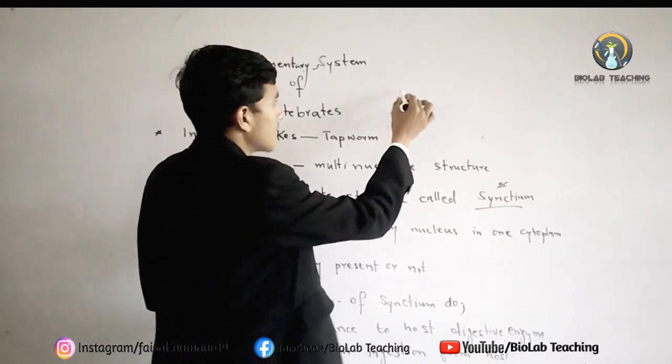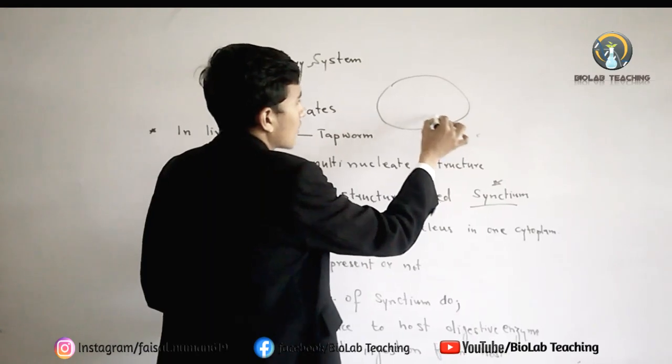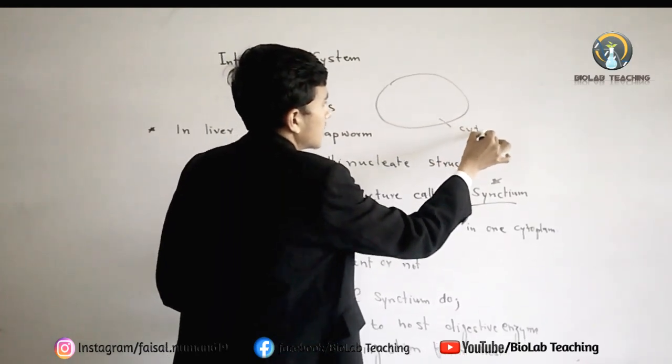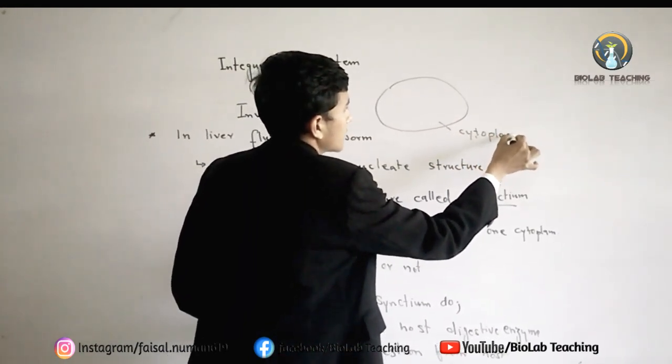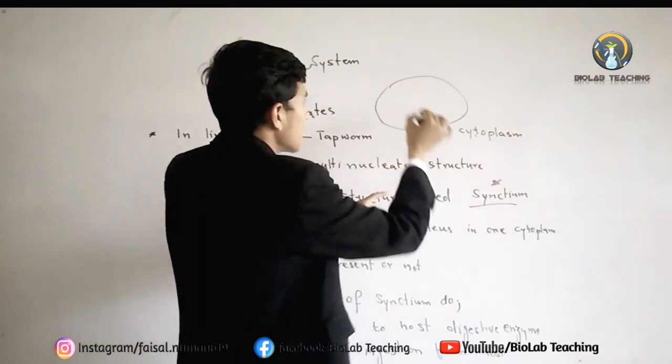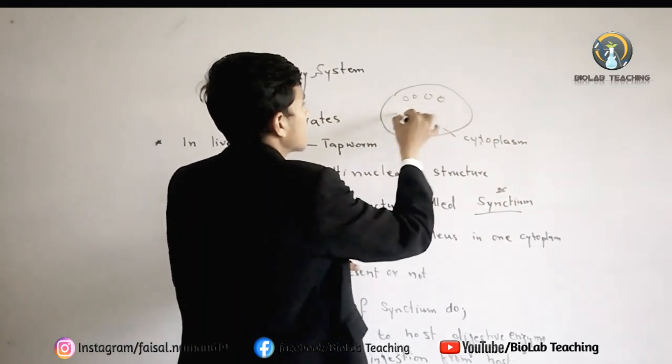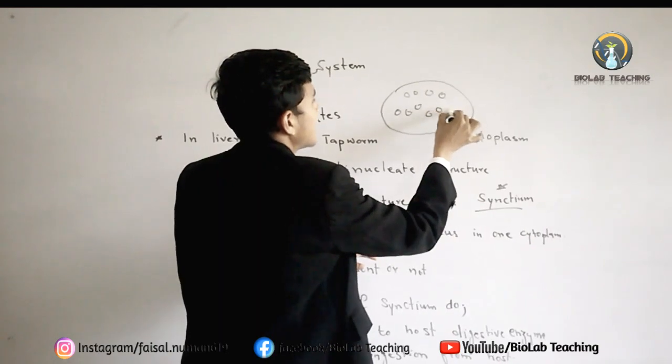For example, if this is a cell, this is the cytoplasm. In the cytoplasm, there are a lot of nuclei in one cytoplasm. It's called syncytium.